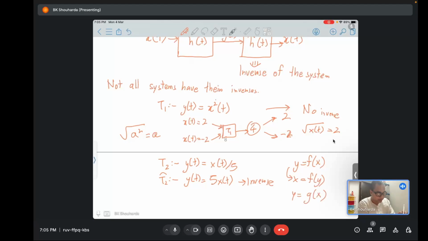Okay, what I am saying is that we have a function y equal to f of x, replace y by x and x by y, and try to write y as a function of x, and that g will be some other function. This g is the inverse of f. Okay.